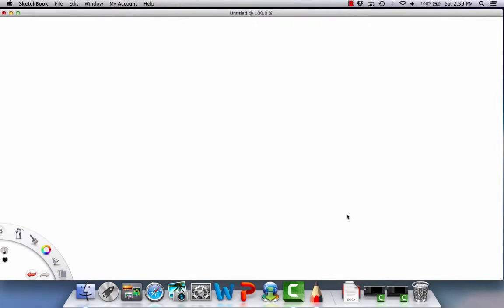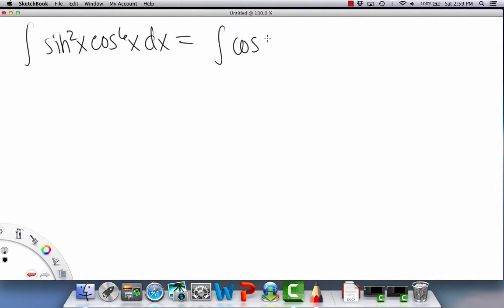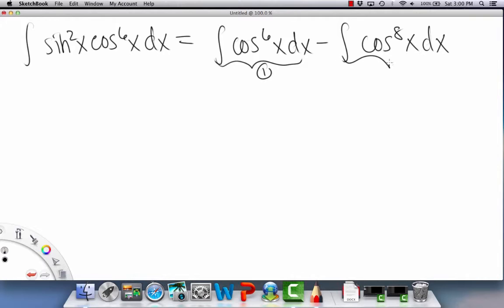Here we go. Our total equation, the thing we started off with, got to a certain point where I said equation 1 minus equation 2. It looked like this, and then minus the integral of cosine to the 8th x dx. What we had here was equation 1, and this was equation 2.